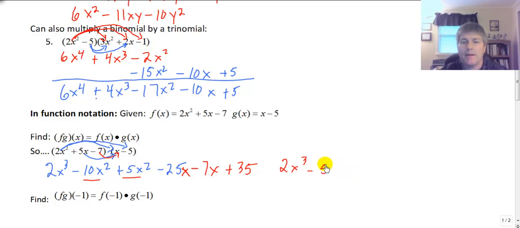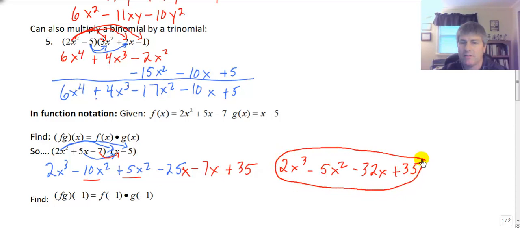So I have minus 5x squared, and combine my x's. Negative 25 minus 7 is a negative 32x, and then plus 35. So there's my final answer, multiplying that binomial and that trinomial together.